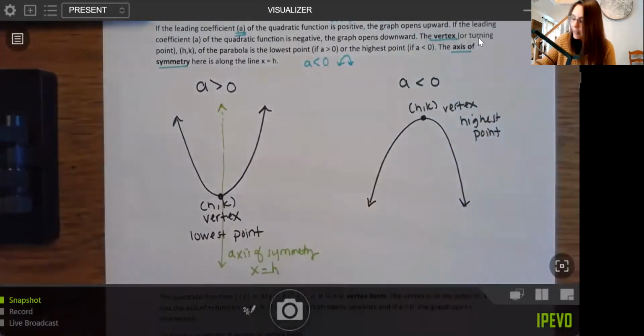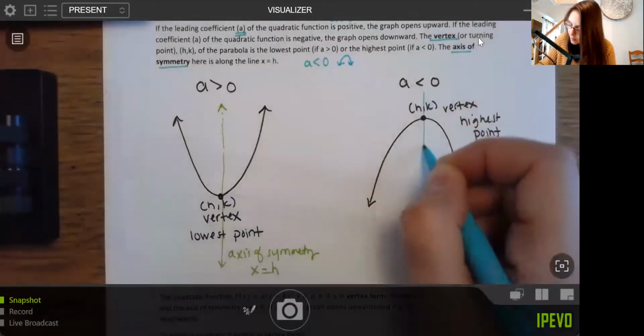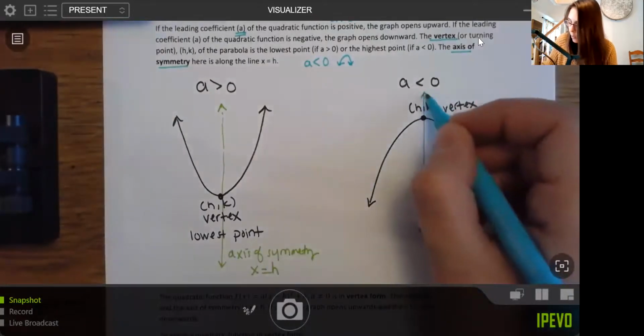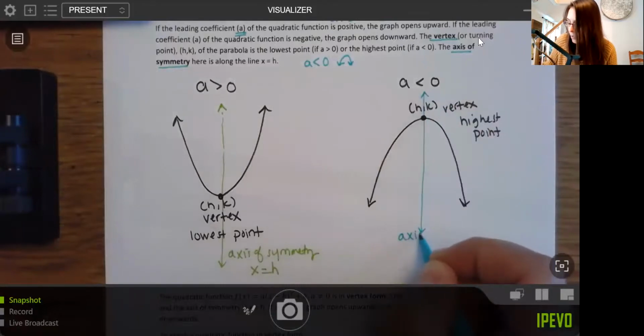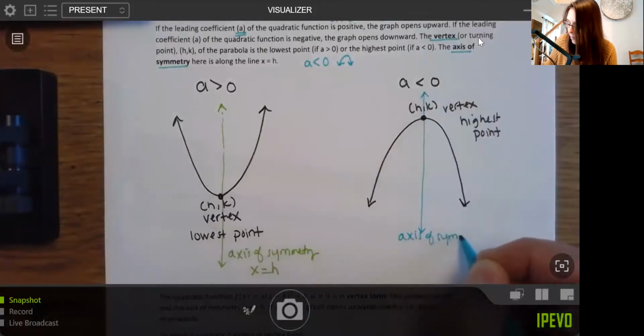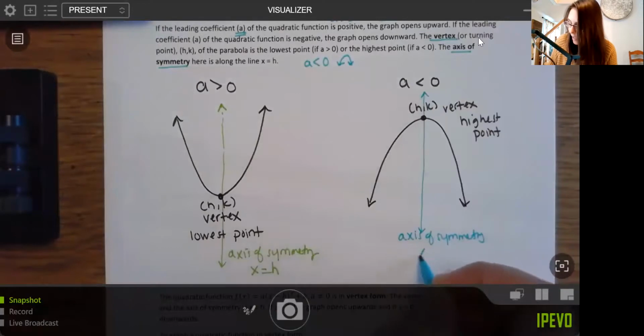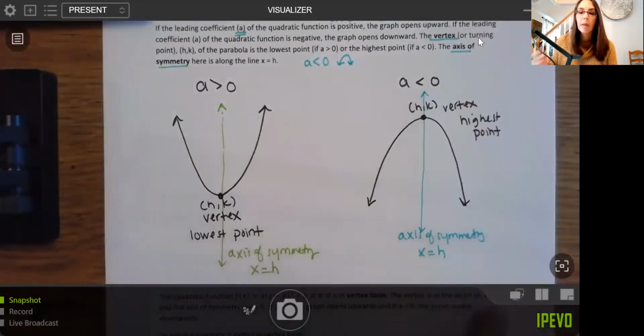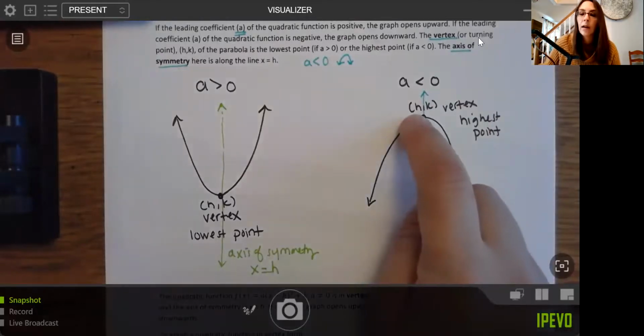And then right down that center here, that kind of splits the graph in half, you have what we call the axis of symmetry. And it's still always the line x equals h. Now remember, lines of the form x equals are always your vertical lines. So that's why it's x equals. And then h is just that same value here in the vertex.